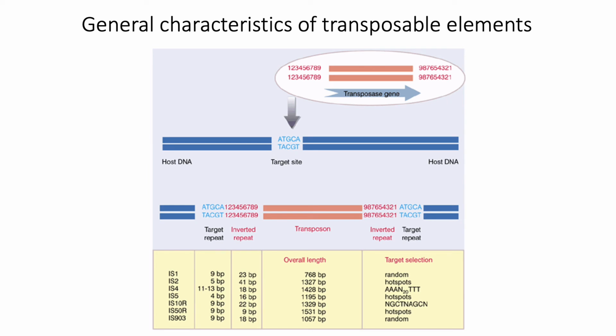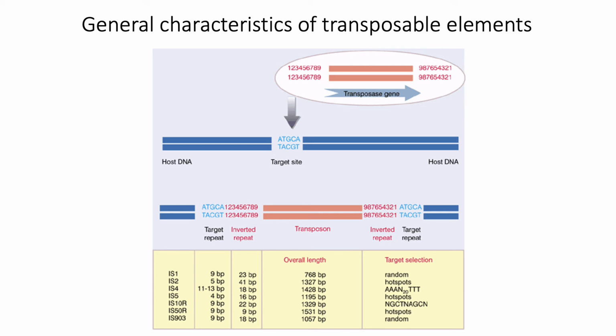So what you find when there's a transposable element in the chromosome is a region of DNA, often containing a coding region that codes for transposase, and then inverted repeats, and then outside of those, direct repeats.